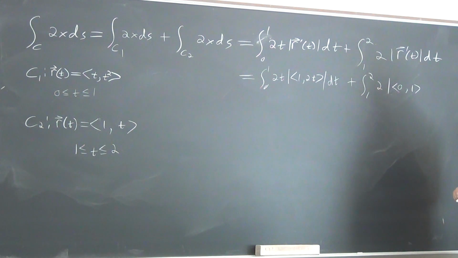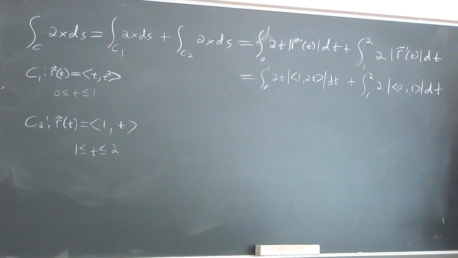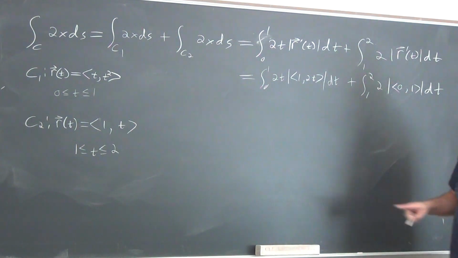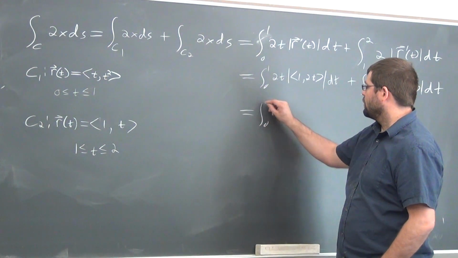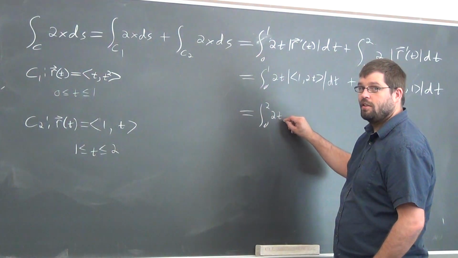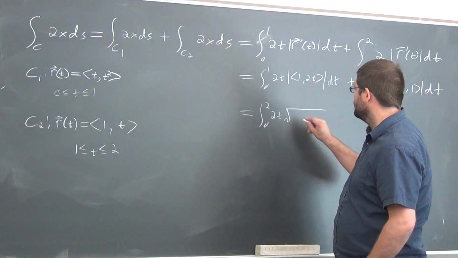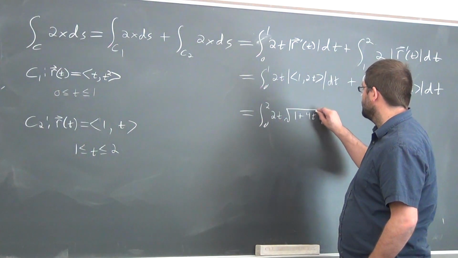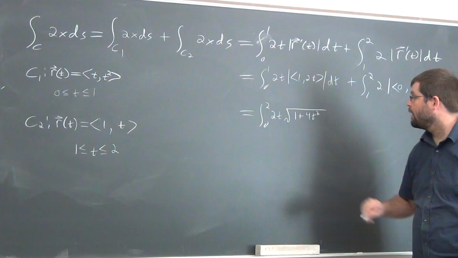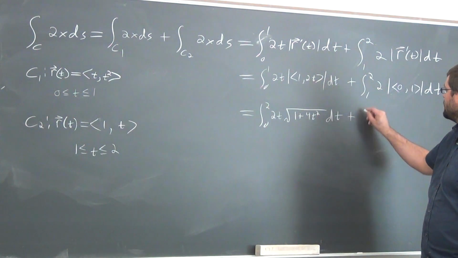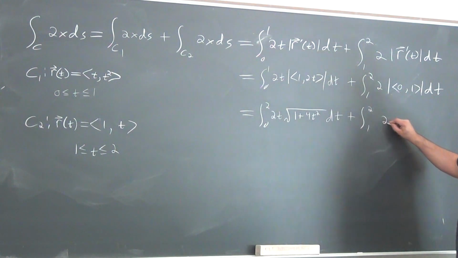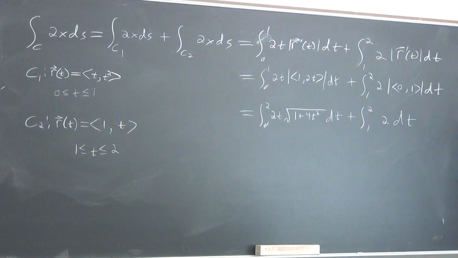Does that make sense? And then you just work your way through. So this first one gives us the integral from 0 to 1 of 2t square root of 1 plus 4t squared dt. And then the second one will be nice and easy, just 2.